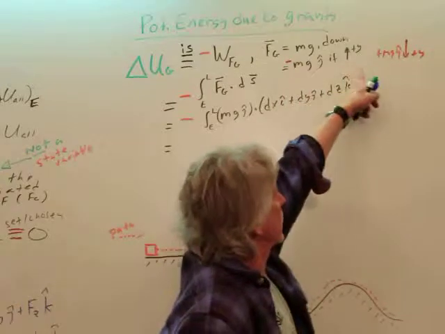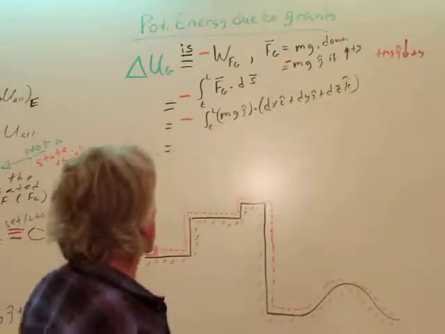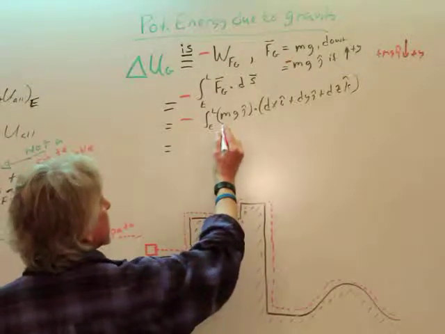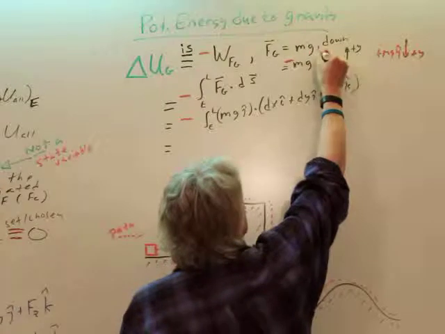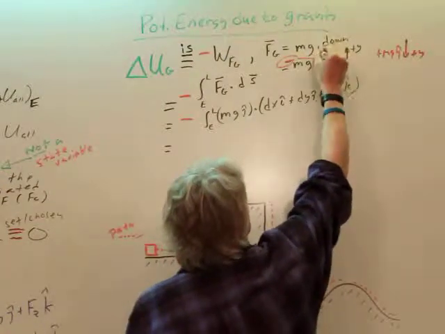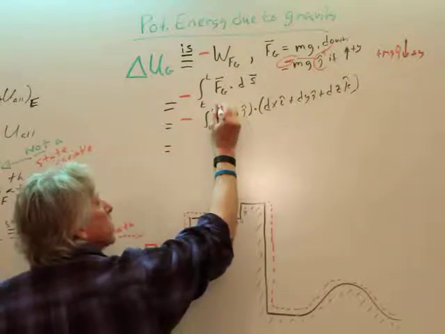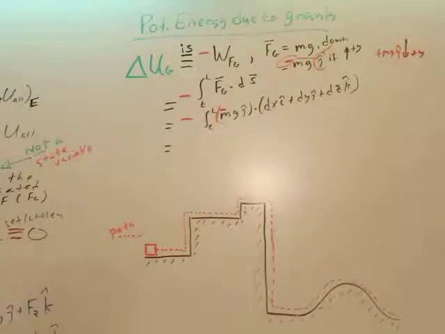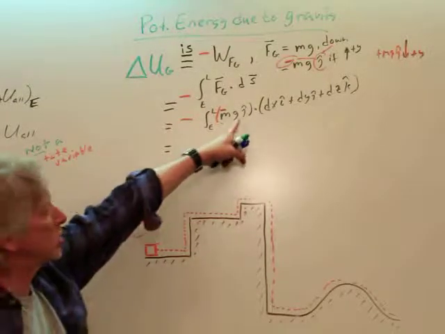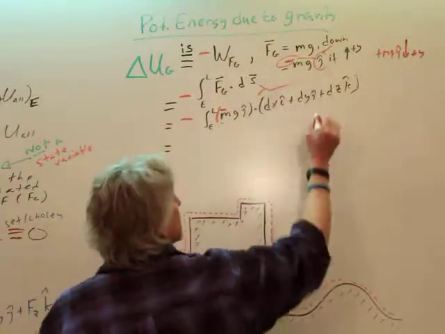So let's work with it this way. Now I can work with it just as well that way, but we'll see why. So I have to be careful here. If I'm going to use this definition, then down is negative j hat. And so I need to put, this is the tricky part, the negative. So I'm really getting that in there. All right, negative mg j hat dotted with ds is the work.